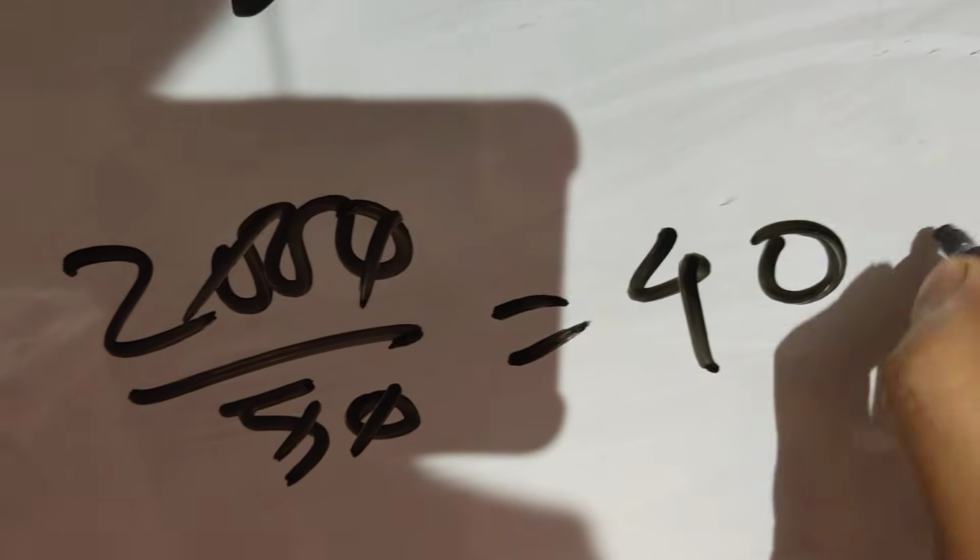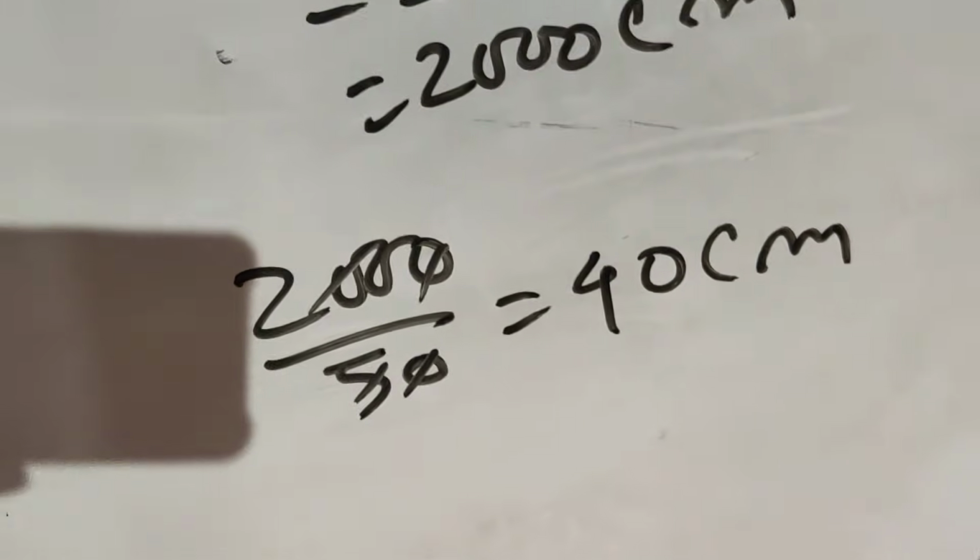That will be 40 centimeter. So we'll draw the length of the building on the paper as 40 centimeter. But we cannot mention this 40 centimeter length on the drawing because the actual length of the building is 20 meters.